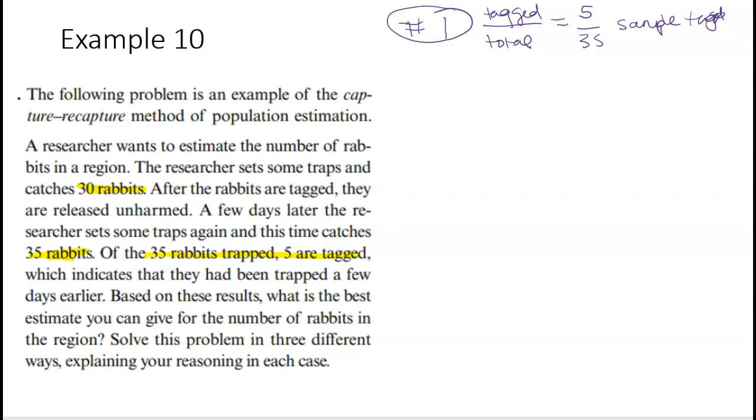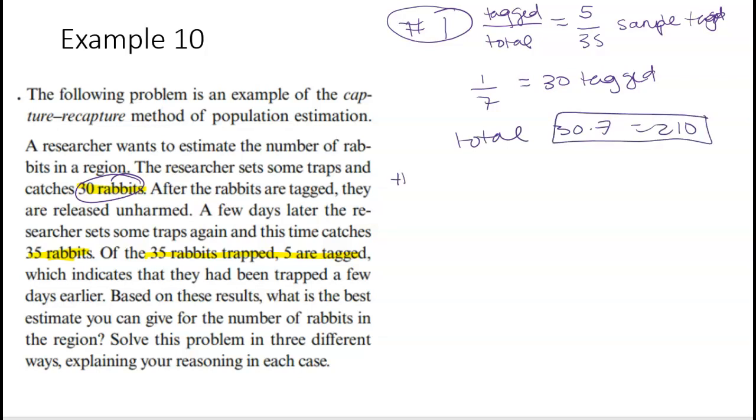So 5 over 35 is 1 over 7. How many were actually tagged? 30 were tagged. So if 1 over 7 is equal to 30, they make up 1/7 of the population. So the total population would be 30 times 7, or 210.